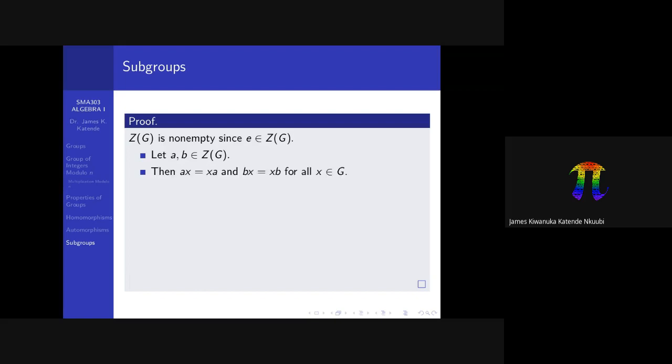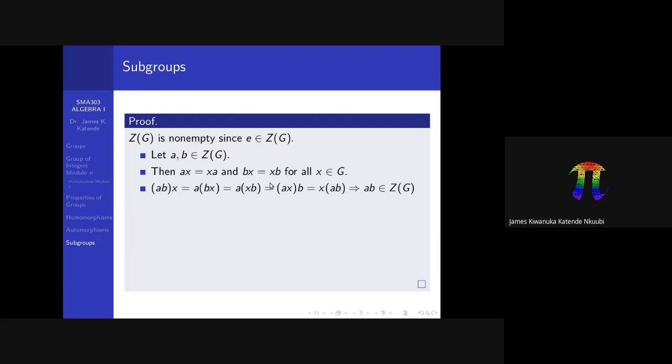Since they are from the center, they commute with all other elements in G. So AX equals XA for any element X in G, and also BX equals XB for any element X in G. This is because both A and B are from the center, so they must commute with any other element from G.